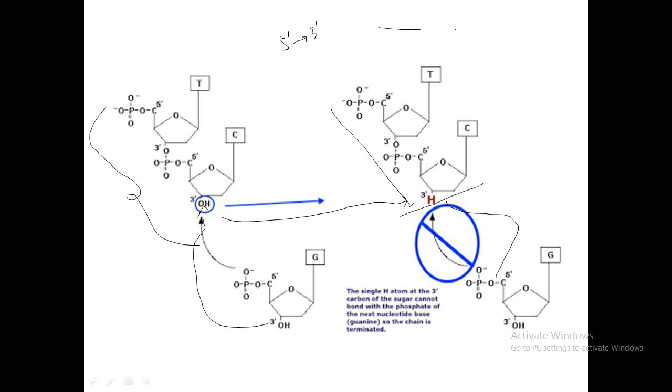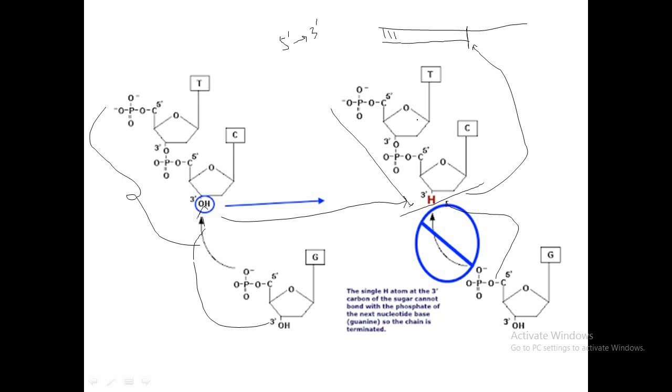So if this is a template, and this one is a primer that binds to DNA, and this is the extension of DNA replication, then if this base gets incorporated at this position, it will not be extended further, and the replication will come to a halt at this position.